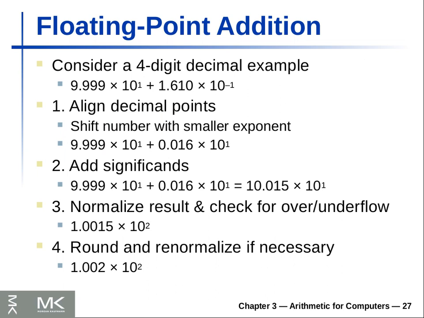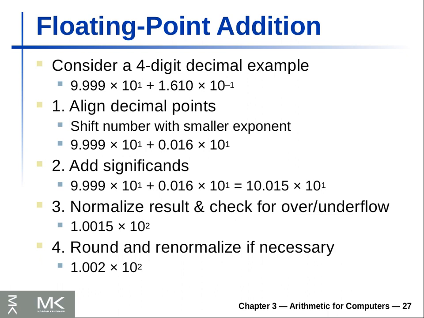So consider the 4-digit number 9.999 times 10 to the first plus 1.61 times 10 to the negative 1. Okay. So if you want to add these, you want to shift with the smaller exponent. Namely, you want to shift everything to the largest exponent.